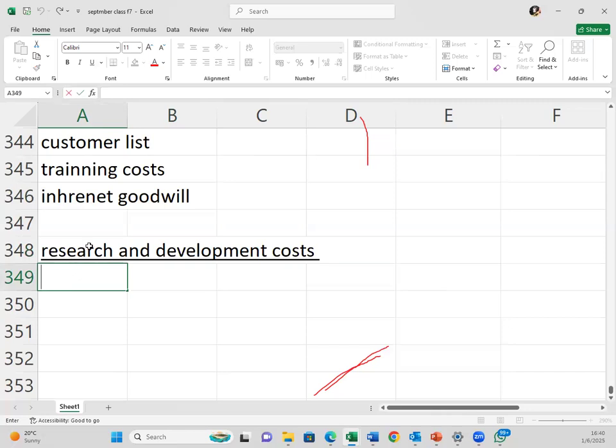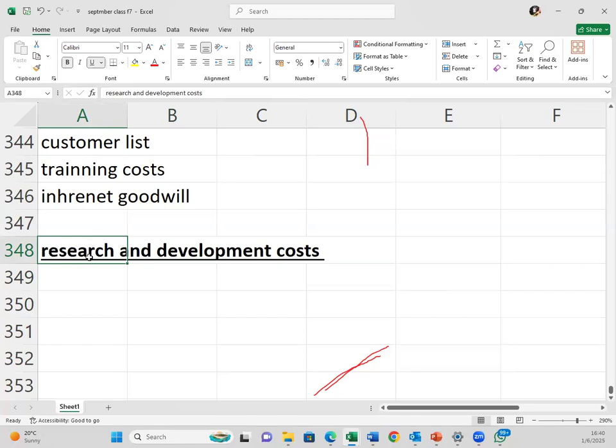These are two areas that have different accounting treatment, but they normally work together. You research and develop. But the treatment for research costs is different from the treatment for development costs. So let's start with research costs.